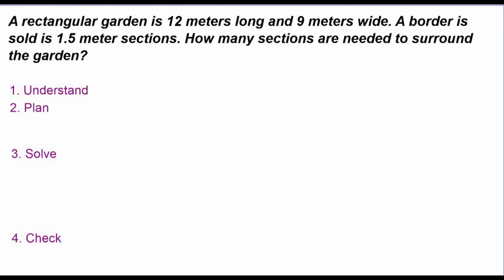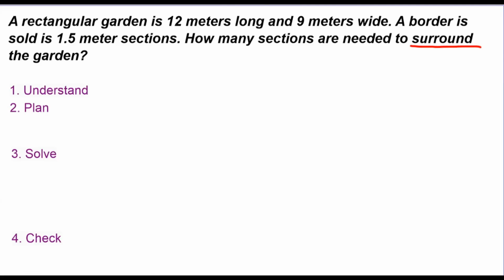One last one here. A rectangular garden is 12 meters long and 9 meters wide. A border is sold in 1.5 meter sections. How many sections are needed to surround the garden? So there's a couple layers to this problem. So we want to first understand what we're asking for here. So the key word that I'm seeing when I read the problem is the word surround.